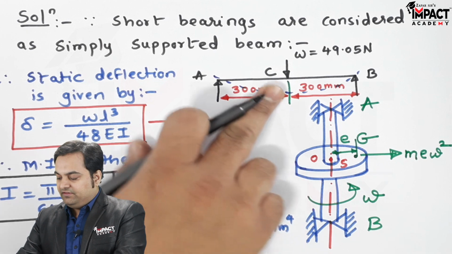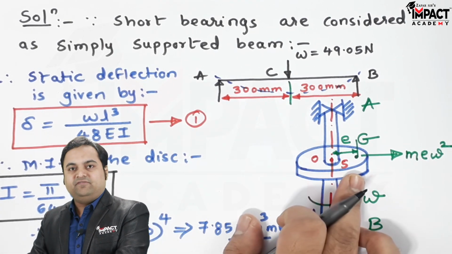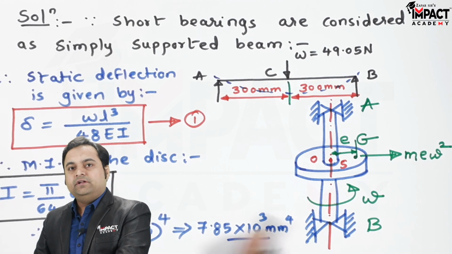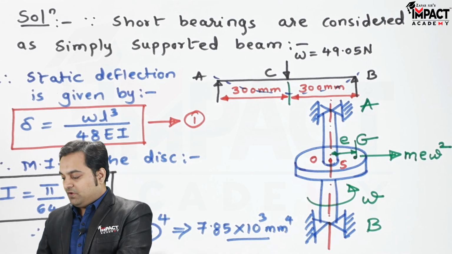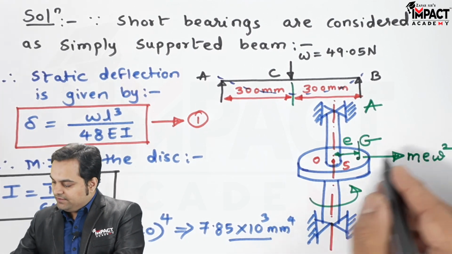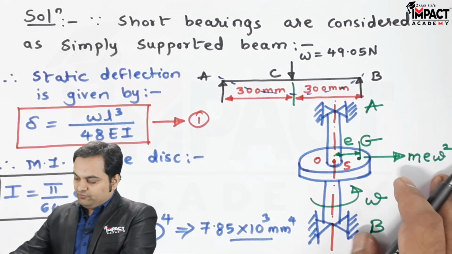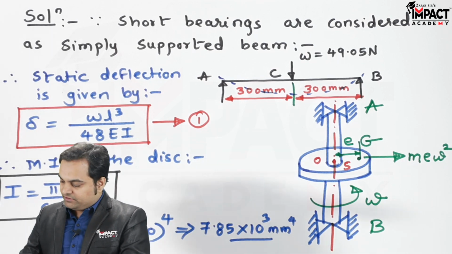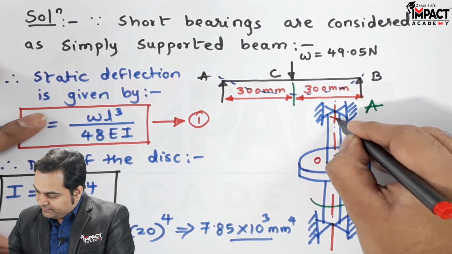Now we have seen that due to the weight there is static deflection, and due to the centrifugal force when the shaft is rotating there will be another deflection which is called the deflection due to the dynamic load, and because of that the shaft would be rotating in a curvature form. It will try to rotate in this manner.